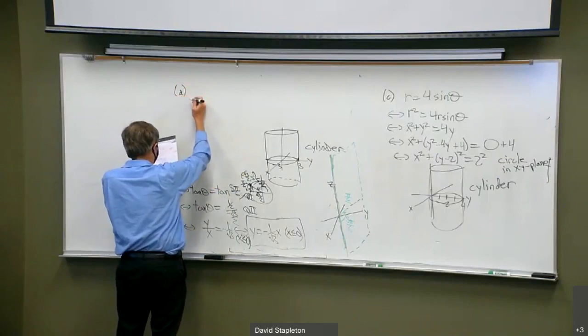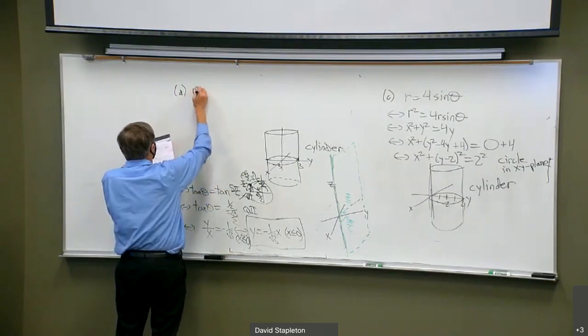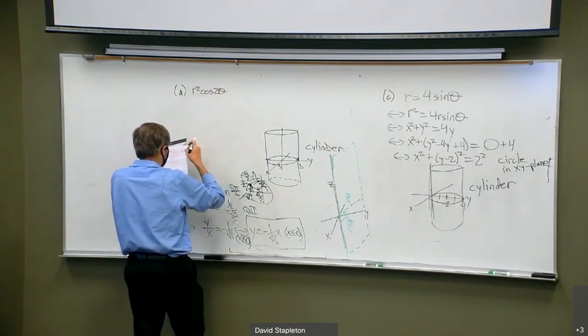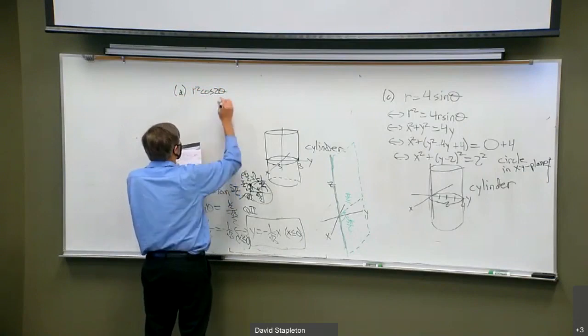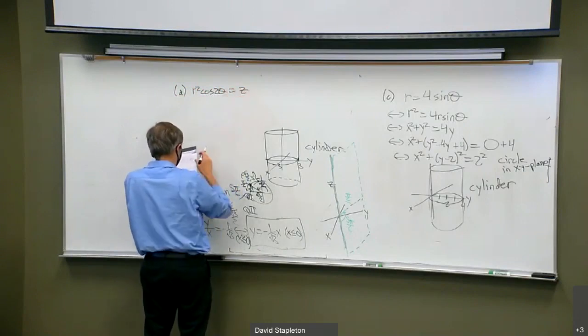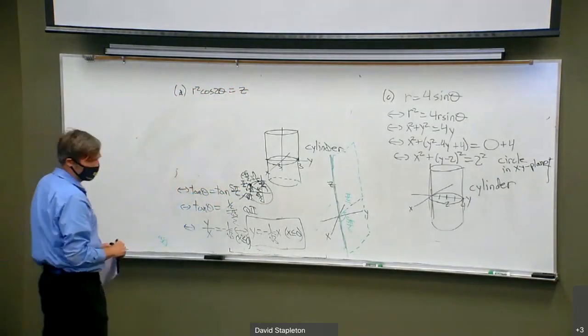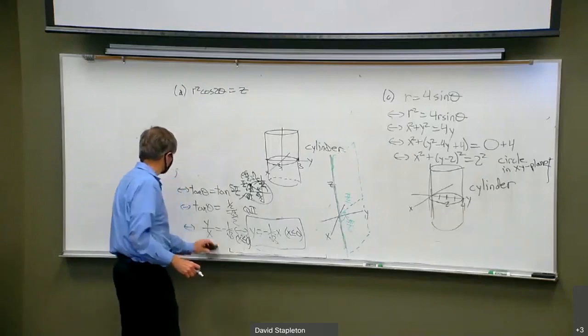Suppose I want to sketch Z equals R squared cosine 2 theta. How about that one? We can put in something more exotic that involves all 3 variables, and we want to be able to convert those too.